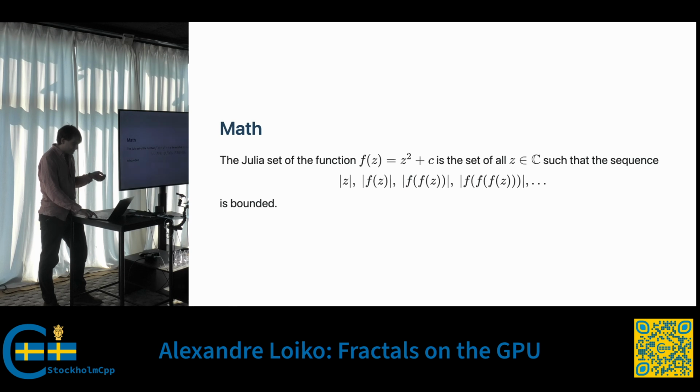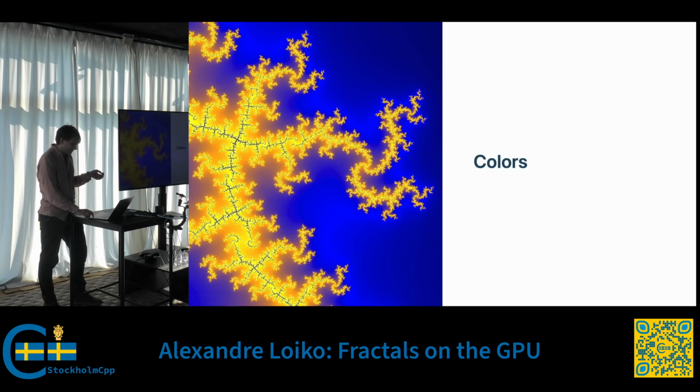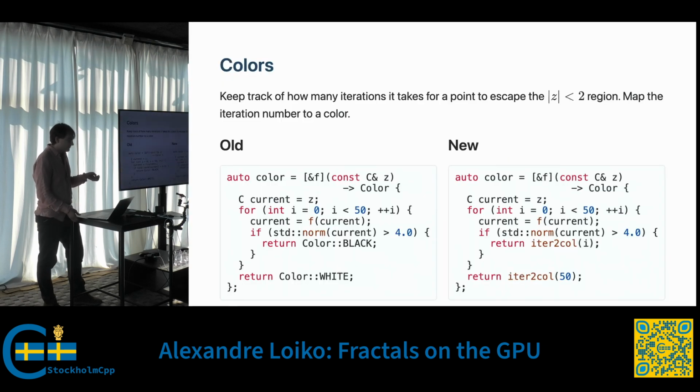Okay, math slide. I'm skipping that one. Okay, how about colors? Well, for the colors, you also take into account how many iterations your number survived until it grew large. So in the old version, the one to the right, as soon as we found a large number in the sequence of f of the starting complex pixel value, then it was black.